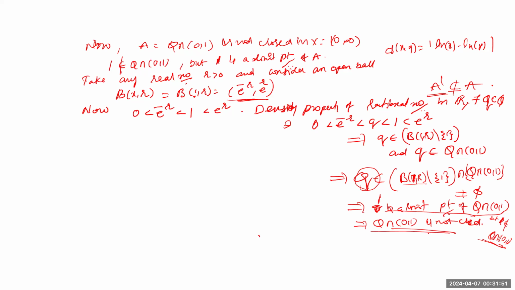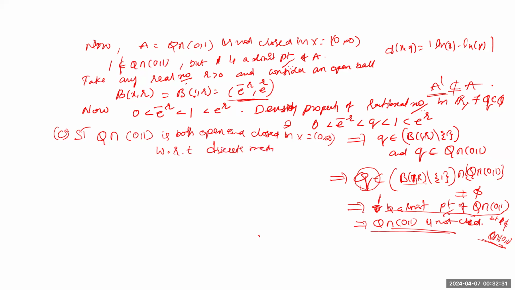What is the other part? The last part C: show that Q ∩ (0, 1) is both open and closed, where X is (0, ∞), with respect to the discrete metric. The proof is simple.